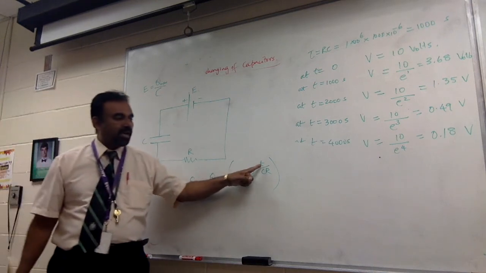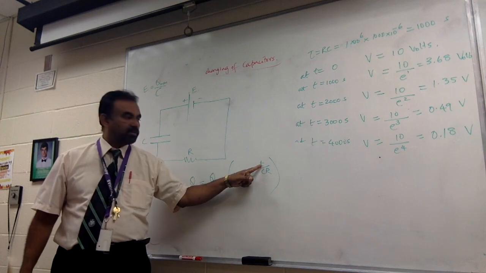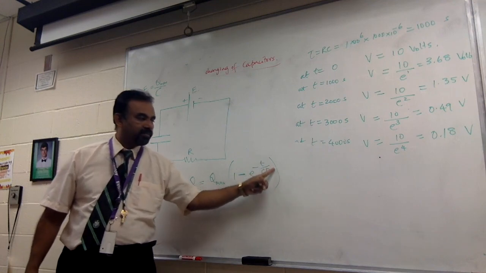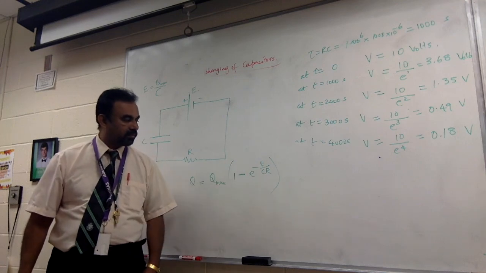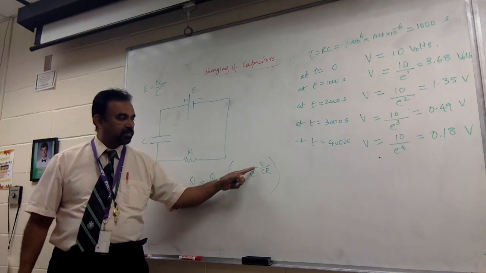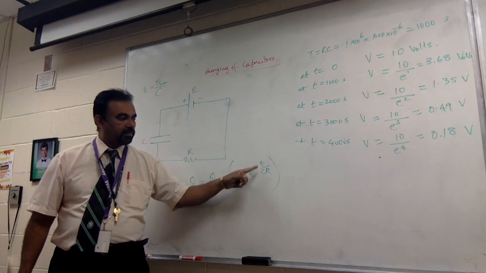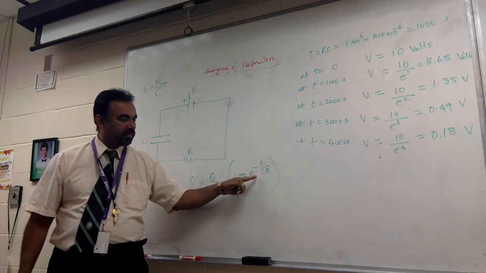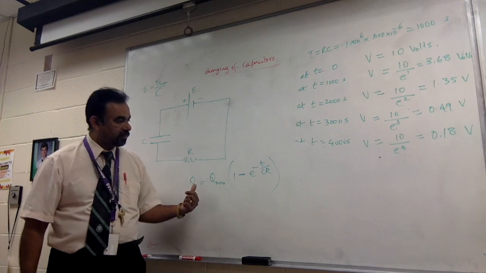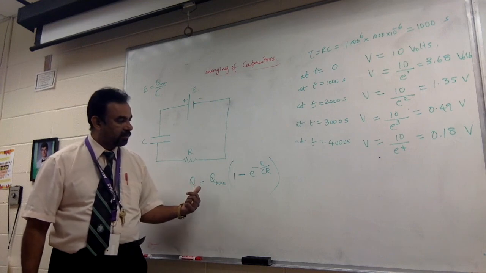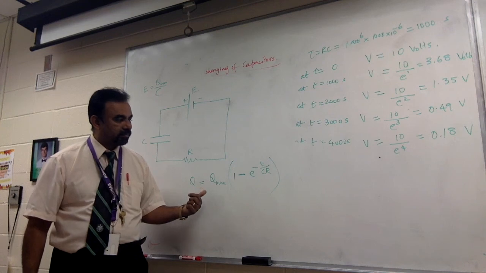So if you put time t equal to 0, what happens here? Because then it'd be 1 minus 1, and then it'd be 0 times Q max. So Q equals 0.